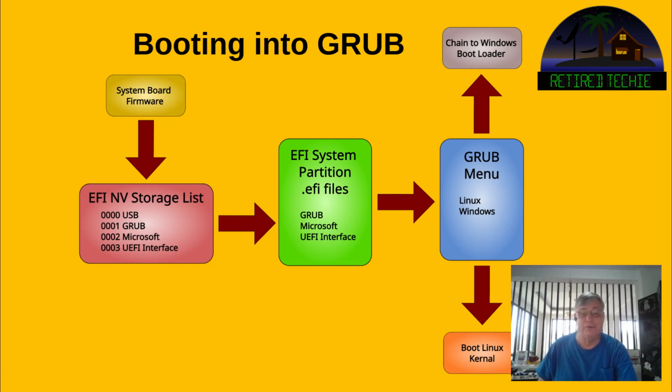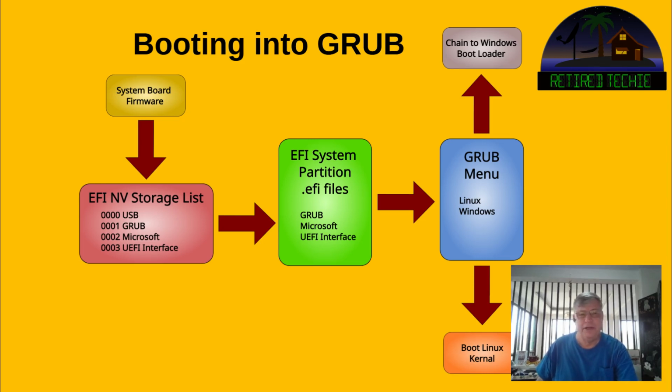In our example, on the EFI system partition, we have a GRUB bootloader, a Microsoft bootloader, and a UEFI interface bootloader. The GRUB bootloader would have been placed there by Debian or any Linux distribution. The Microsoft one obviously would be placed there by a Windows install.